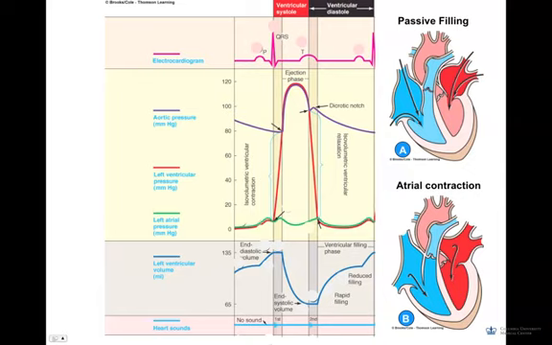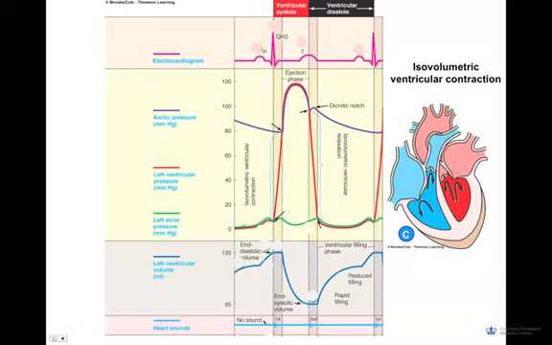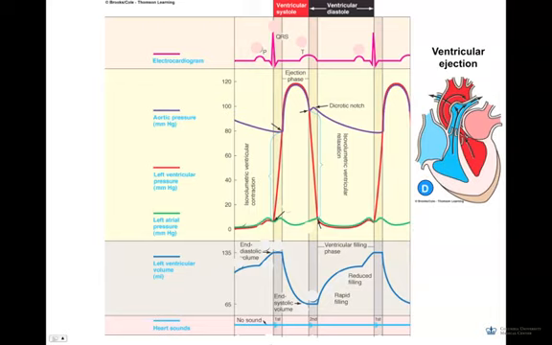And then that atrial kick, the P wave followed by atrial contraction, triggers another cardiac cycle. You get a little rise in ventricular volume as a result of atrial contraction, and then the action potential spreads through the AV node and depolarizes the ventricles again. The ventricles start to contract. You get the closure of those AV valves as ventricular pressure exceeds atrial pressure over here, and you get that first heart sound when the AV valves shut.